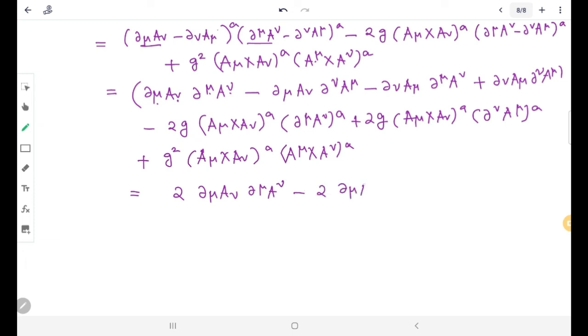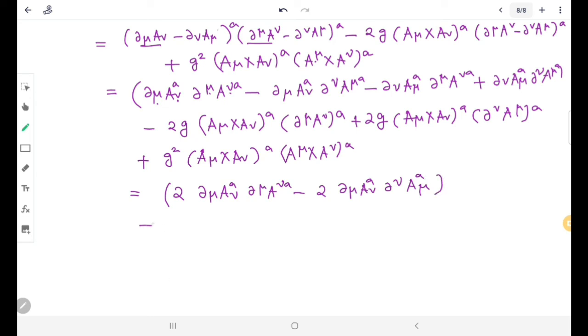So partial mu a nu and partial nu and a mu. Okay, and these have an index, I have to write it as well. A and a. So a.